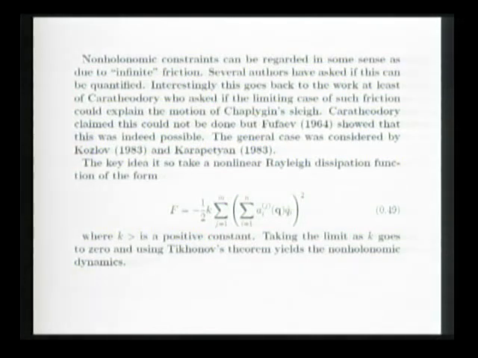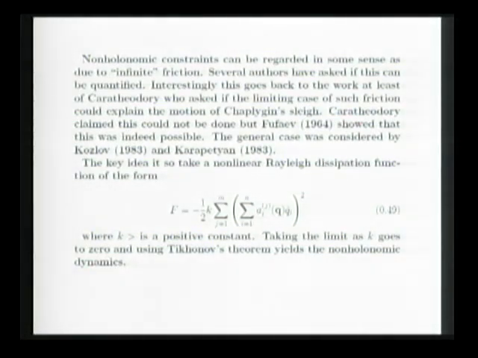So, as I said, you want to view them in some sense as coming from infinite friction, and you can do this in the following way. This goes back to Carathéodory, who actually worked on this, but claimed that it couldn't be done. In fact it could be, and he actually had the right idea. If I've got the history right, Fourier showed that it was indeed possible, and the general case was considered by Kozlov together with the vakonomic case in Karapetyan in 1983.